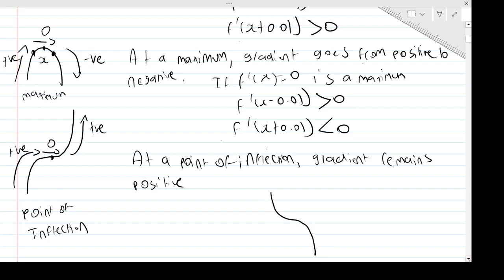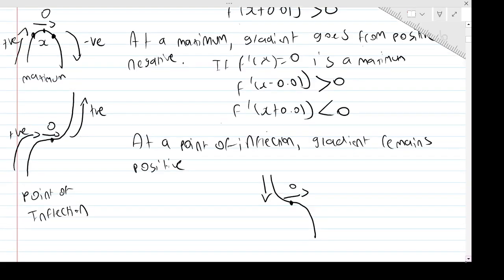If we then go the other way, it's decreasing, then we're at the point here where it's flat with gradient 0, which is my point of inflection. Then it's going down again, right? So it's constantly going down. So either way, the gradient remains the same sign. So it remains positive or negative.